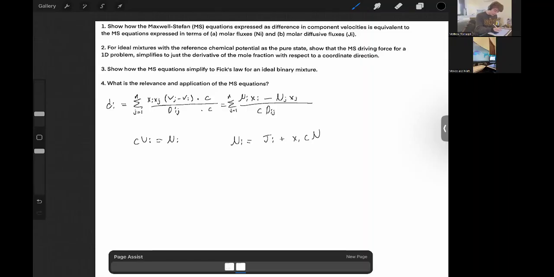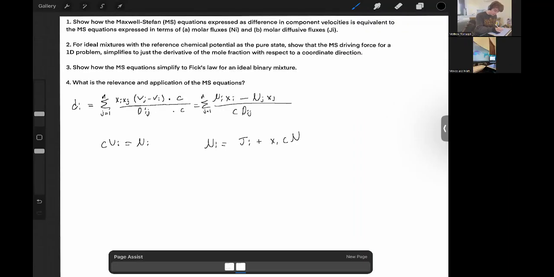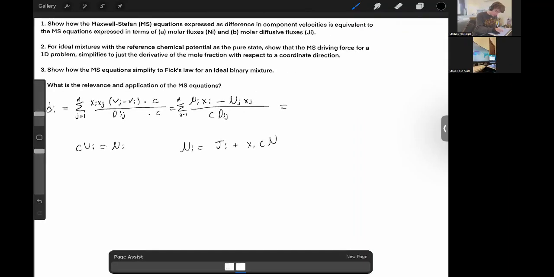And so if we go ahead and plug this into the numerator, you can get something like the sum over j equals 1.